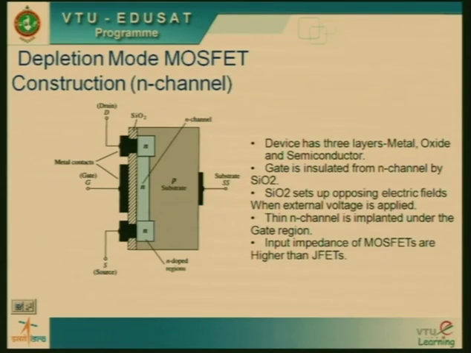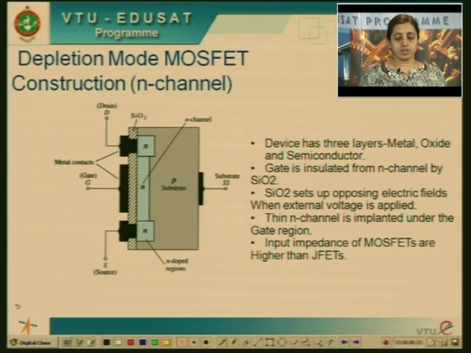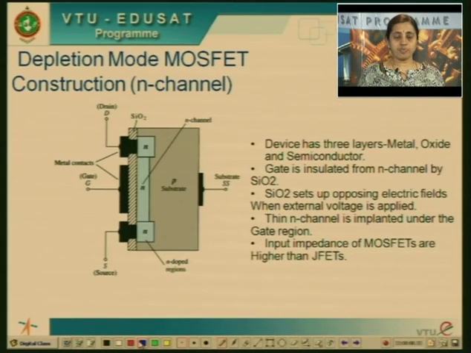Now, let us take up the structure of depletion mode MOSFET. The structure of depletion mode MOSFET is as shown here. The starting material is a thin silicon slab which is doped with acceptor impurity, thereby resulting in a p-type semiconductor.